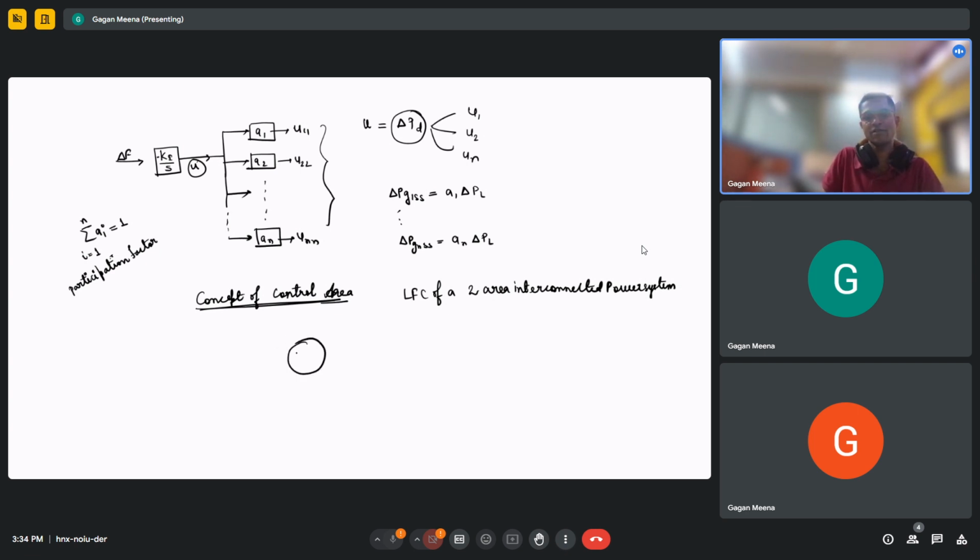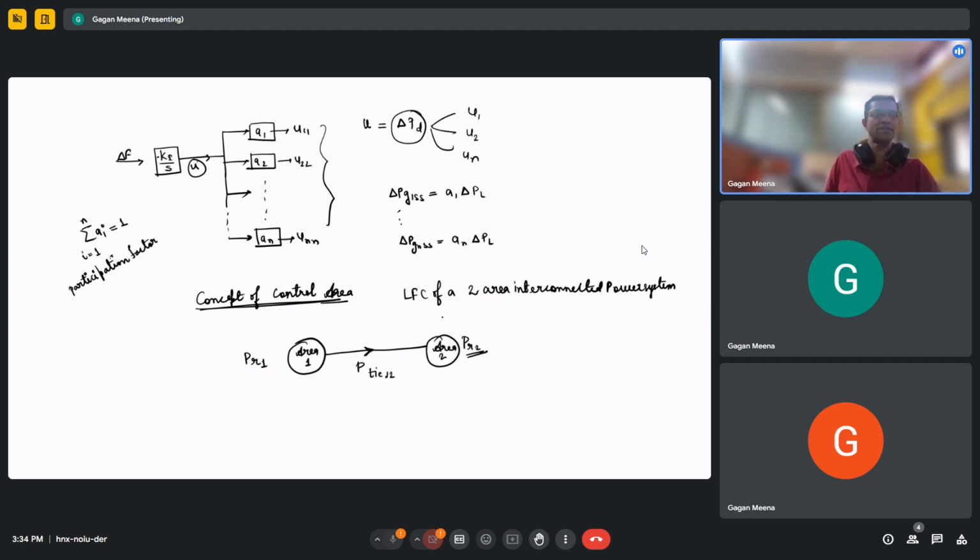The block for both the areas will be similar. The only additional thing will be this tie line, so we have to model this tie line also. So P tie 1 to 2, flow is in this direction from 1 to 2. PR1 is the rating of the generator in area 1, and here area 2.